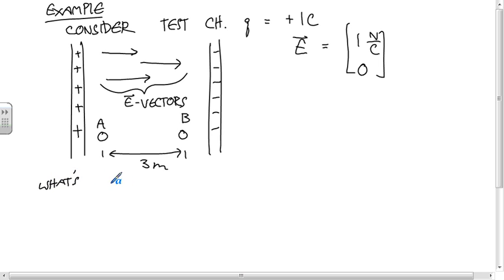And we want to know what's the change in potential energy going to the point B from the point A.